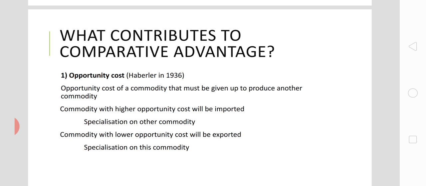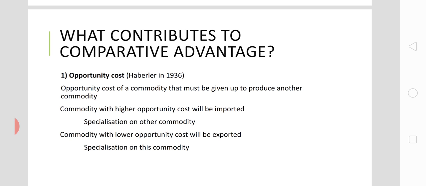This is considered as the cost of a commodity that must be given up to produce another commodity. So if after specialization, a nation produces only one commodity, then that commodity's opportunity cost is the cost of the commodity that was given up to produce the next commodity.